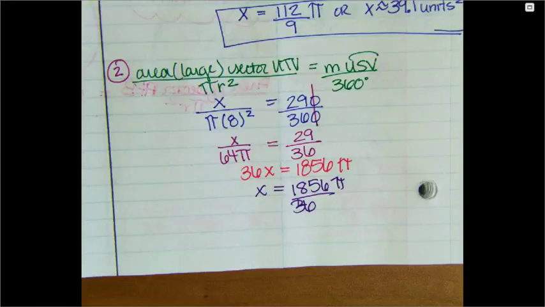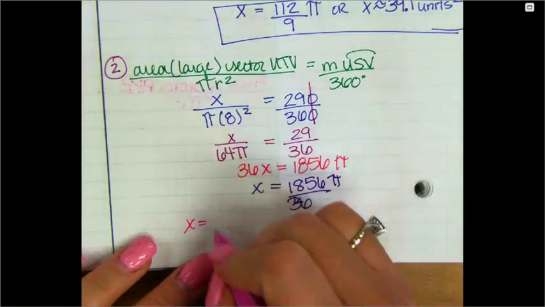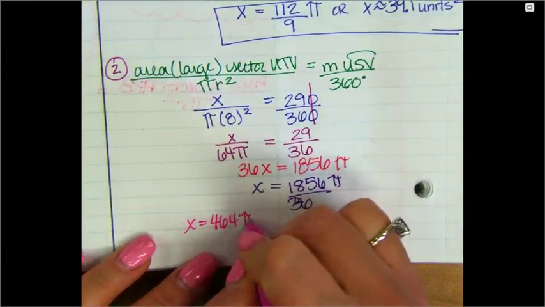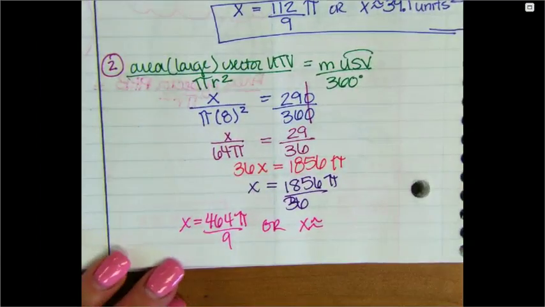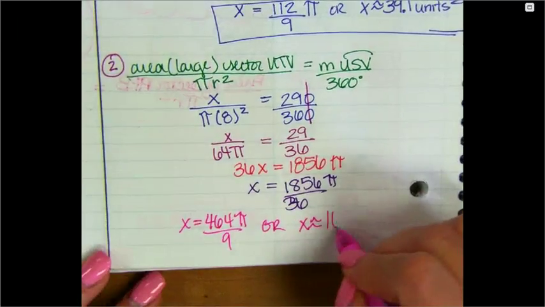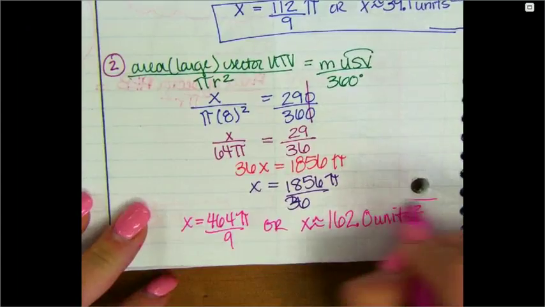What do you get? 464 pi over 9 and approximately 162.0 units squared.